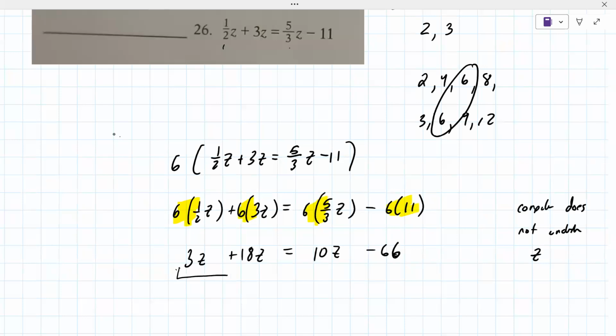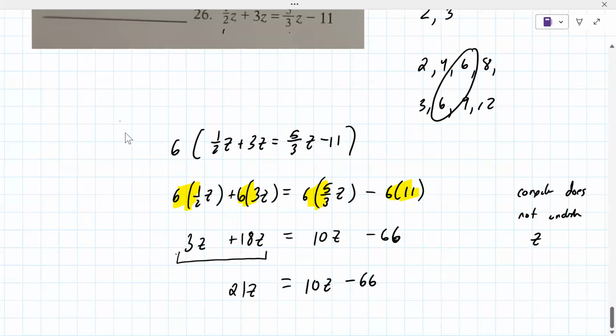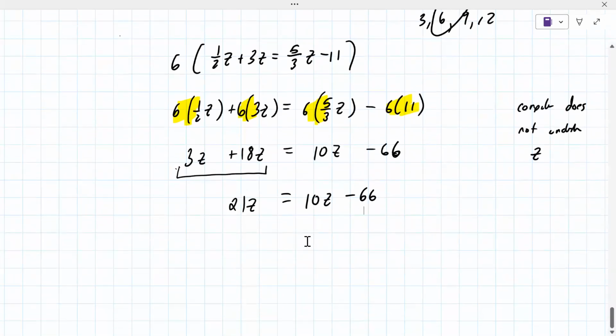Okay. What is 3z plus 18z? 21z. Okay. Now I want you to move the 10z to the other side of the equation. How do you do that? What math operation do you use? It's really positive. You can't just switch around the variables.